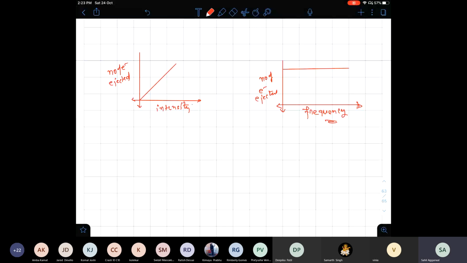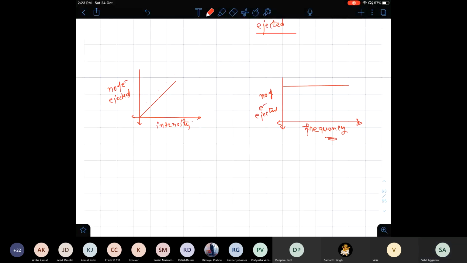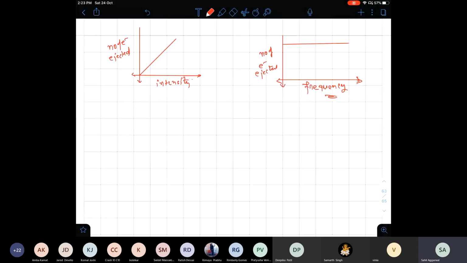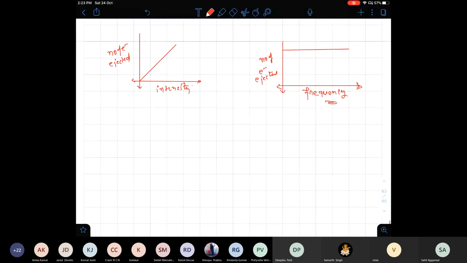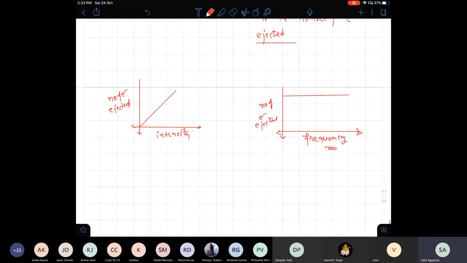Number of electrons ejected will depend upon intensity, not on the frequency. Very good. Understood? All of you understood?